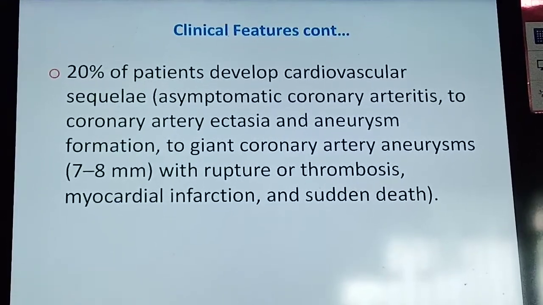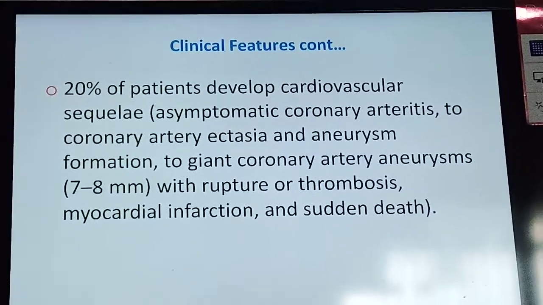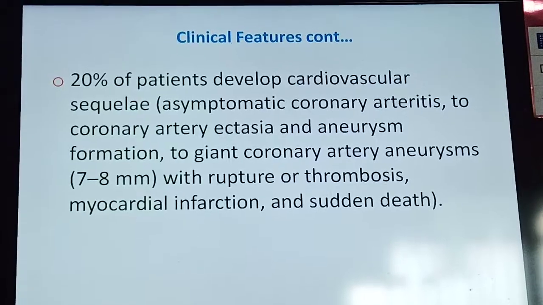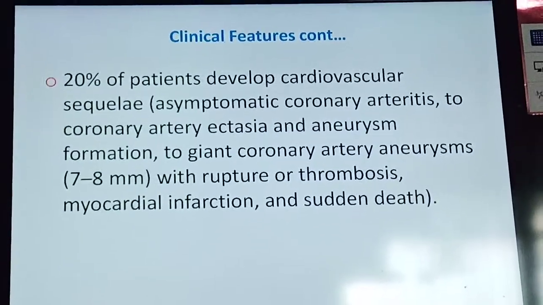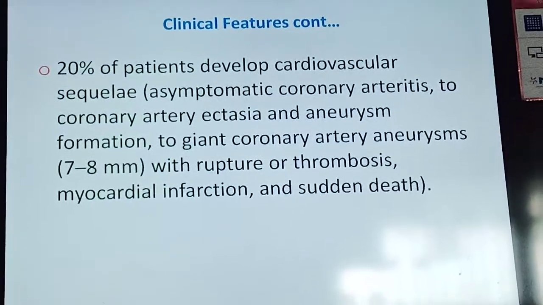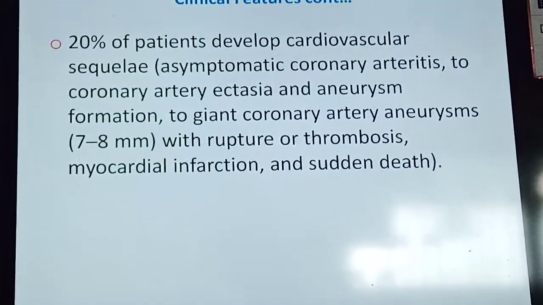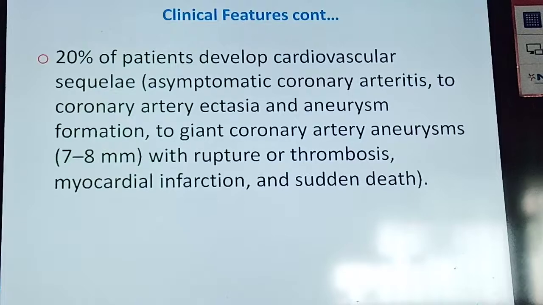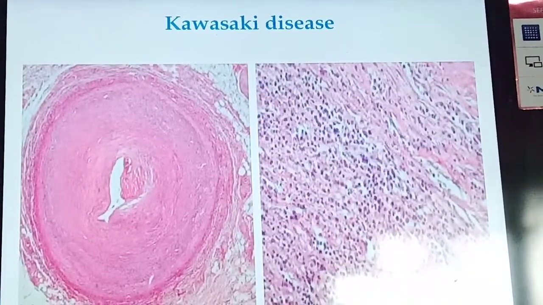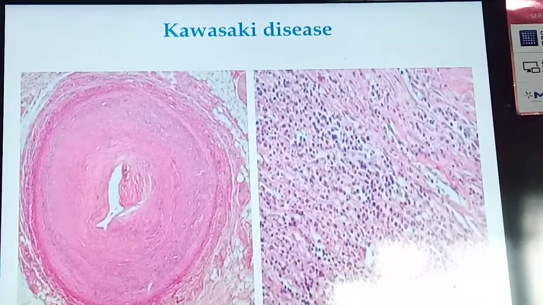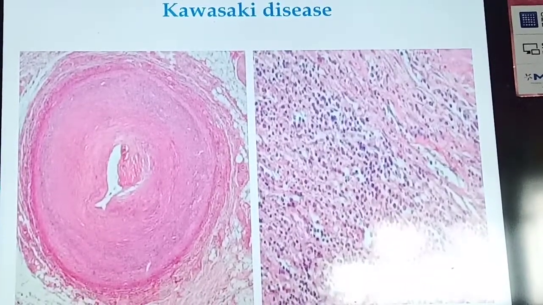The aneurysm is 7 to 8 millimeters in diameter, with rupture or thrombosis, myocardial infarction, and sudden death which may occur in 20% of patients having the disease. These are the histopathological pictures of Kawasaki disease.